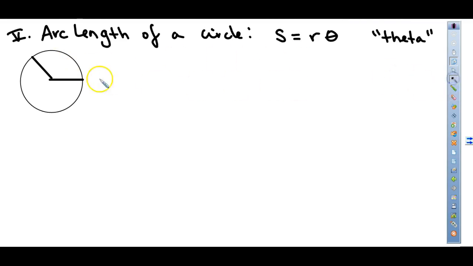I'm going to move that R and put it right here. So there's your R for your radius. And this angle right here is theta. Theta for this is always measured in radians.